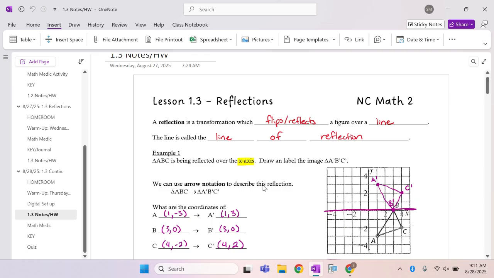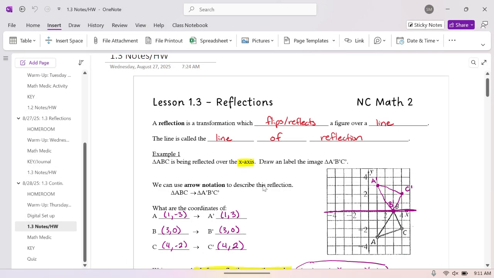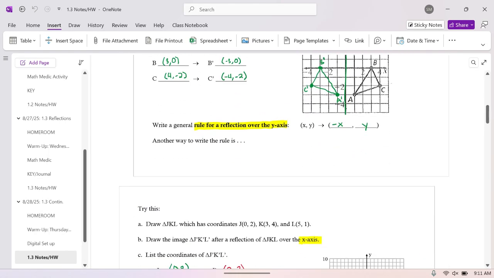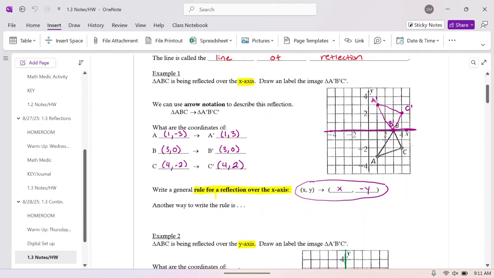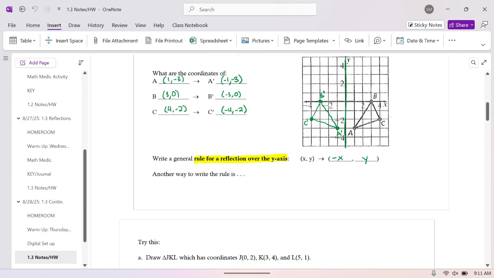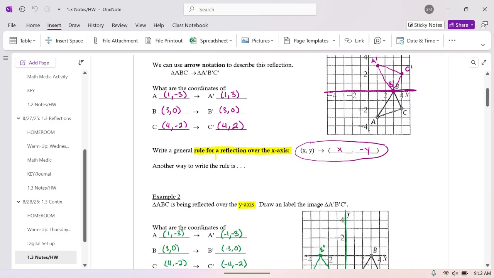Now, remember how I said yesterday that we would put a pin in the alternate names for rotations? Well, I remember now what it is. If you look on the previous pages where we start with our notes, I'm at the bottom of page 9.